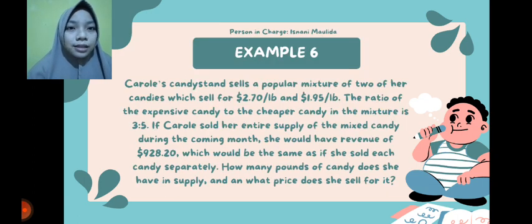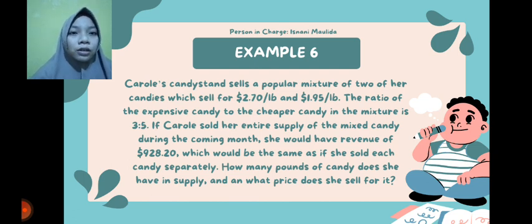Example 6. Carol's Candy Stand sells a popular mixture of two of her candies which sell for $2.70 per pound and $1.95 per pound. The ratio of the expensive candy to the cheaper candy in the mixture is 3 to 5.